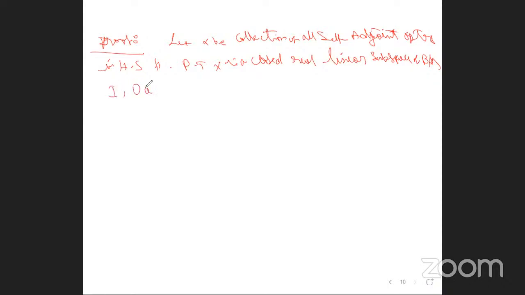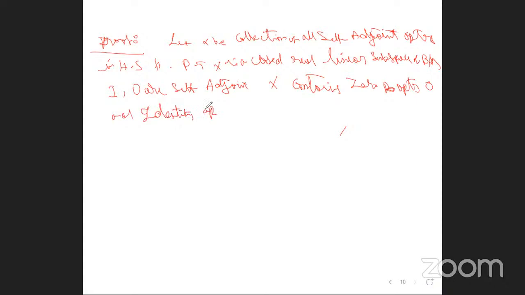So X contains the zero operator O and the identity operator I. Hence X is non-empty.